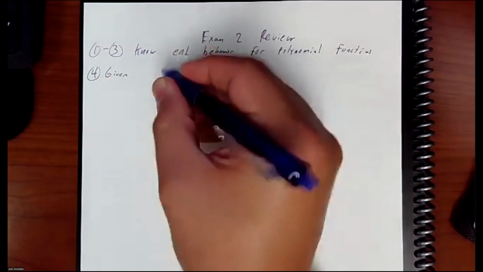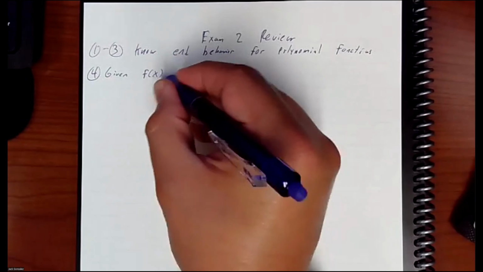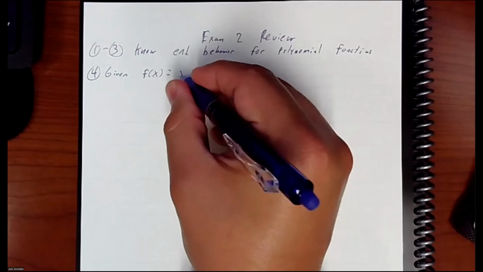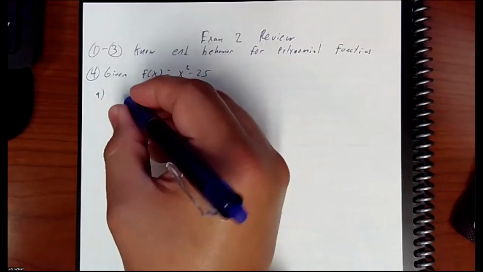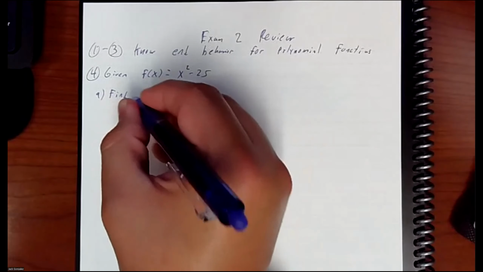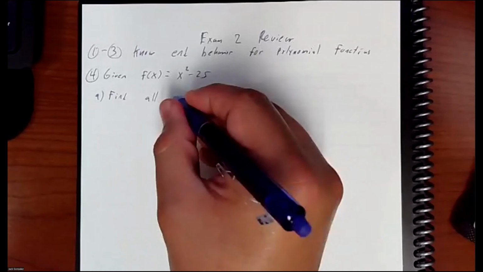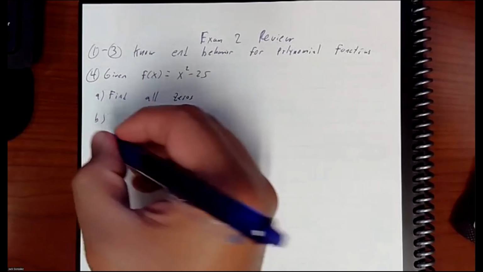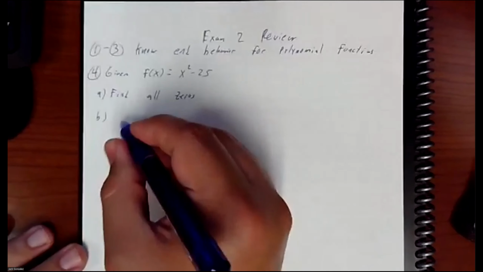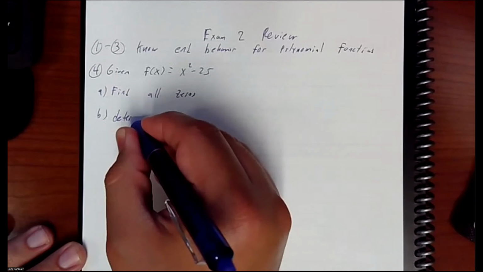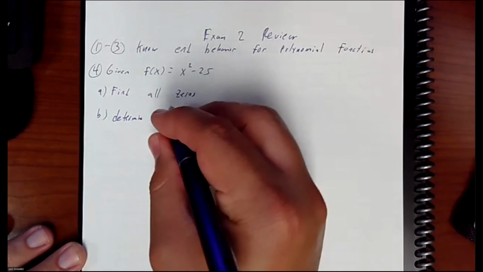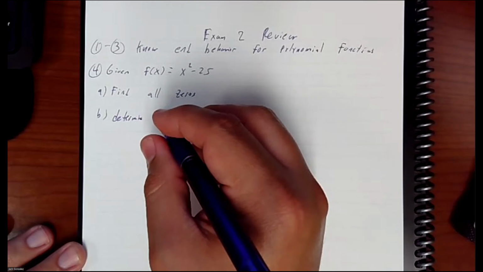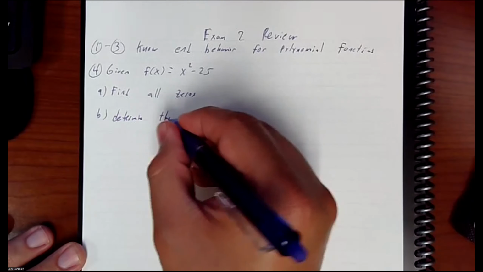Given f of x equal to x squared minus 25, part A says find all zeros if they exist. Part B says determine the multiplicity of each factor.